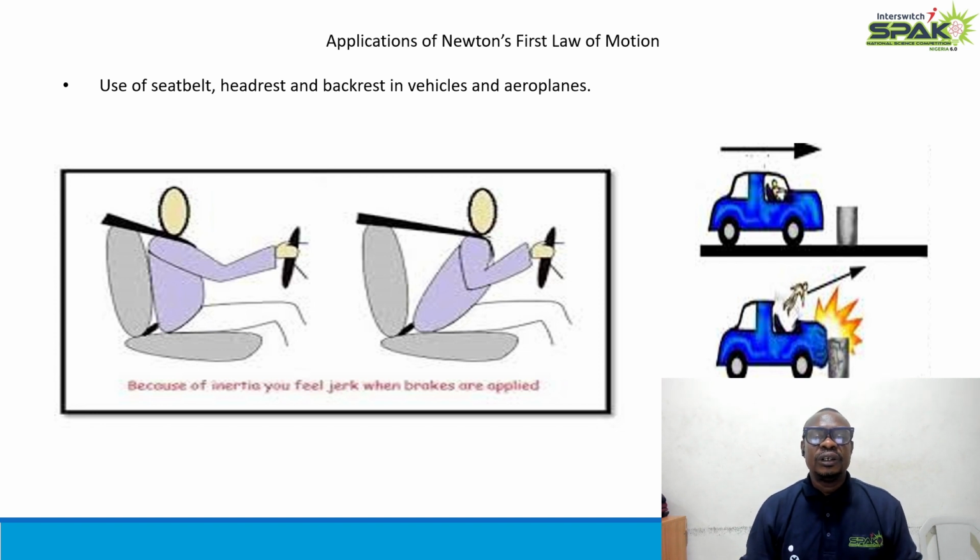And of course, momentum is a vector quantity. How then do we know that momentum is a vector quantity? Remember in our last class in mechanics, when we discussed scalar and vector, I gave you a rule by which you should be able to identify scalar and vector. The rule simply is that when you have scalar times scalar, the quantity will definitely be scalar.